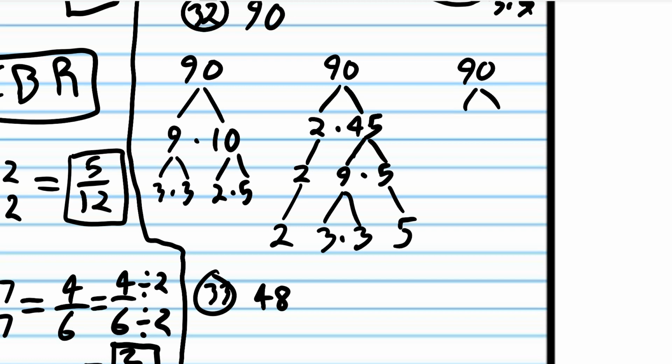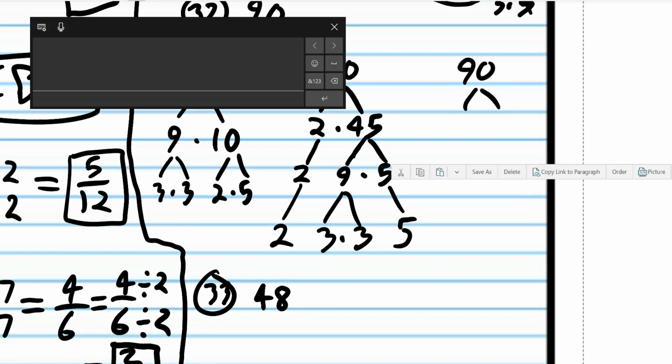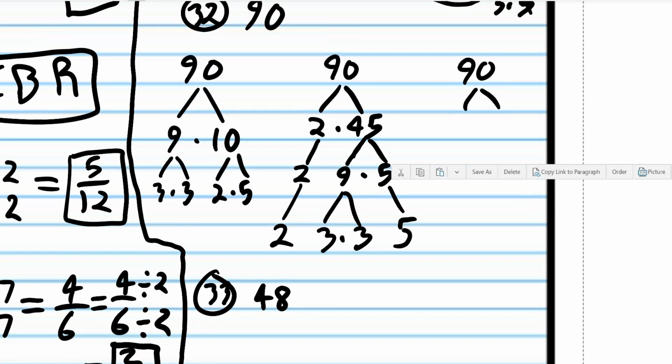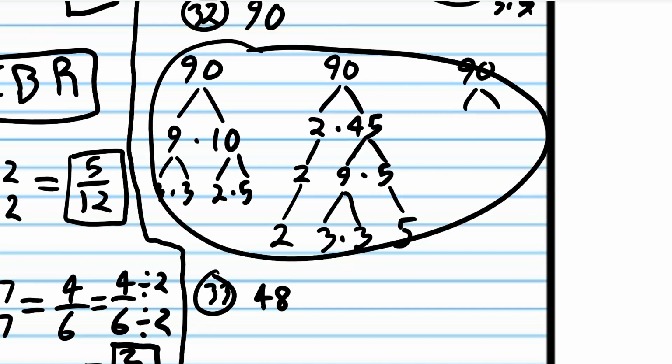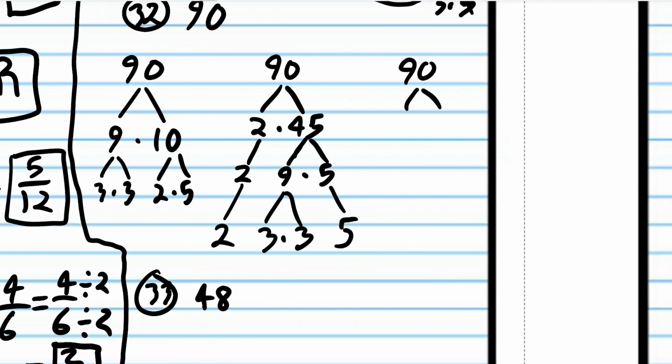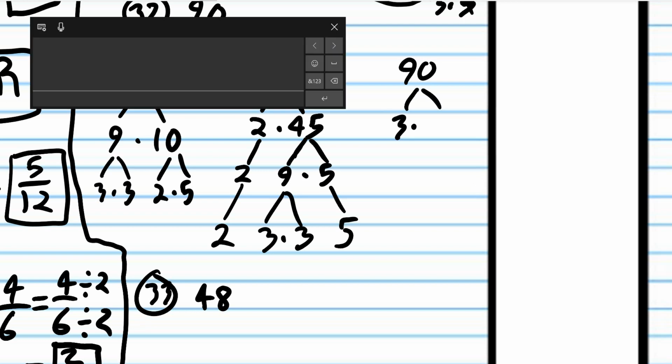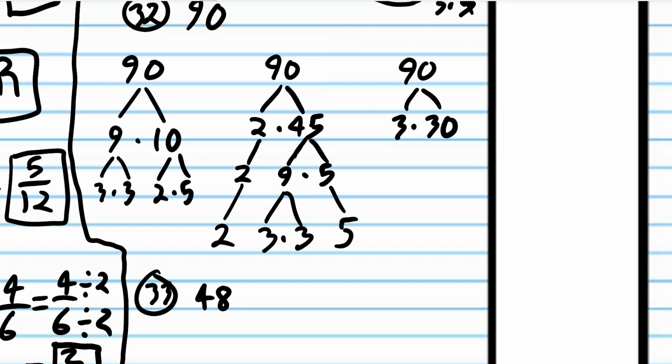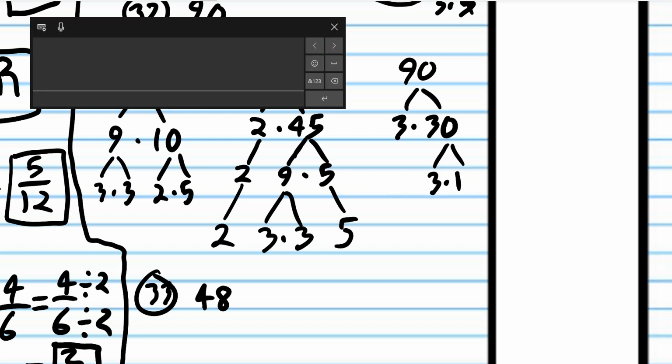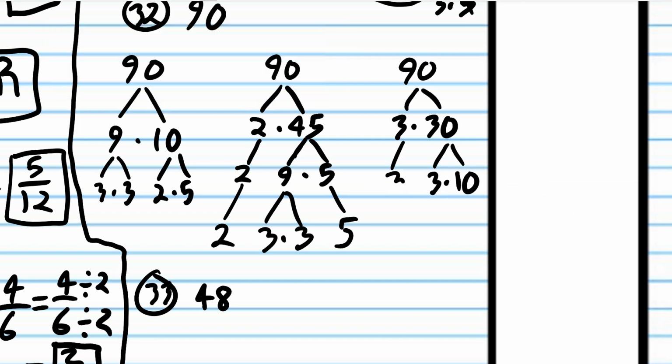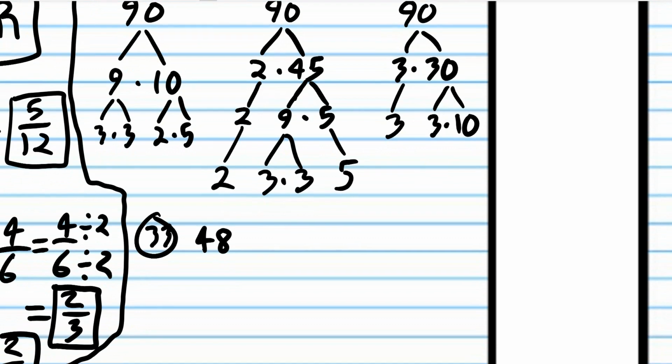So 90 is... I'm just going to do another. The whole purpose of doing these 3 different methods is just to show you that there's more than one way to draw your tree based on how you factor it, but you get the same answer at the end. Let's try 3 times 30. So 30 branches into 3 times 10, and the 3 you can't do any more, so you just bring it down.